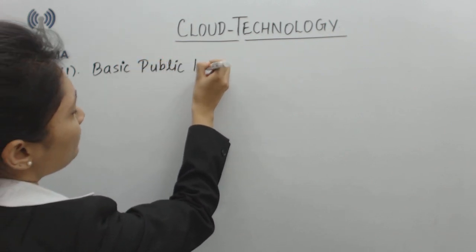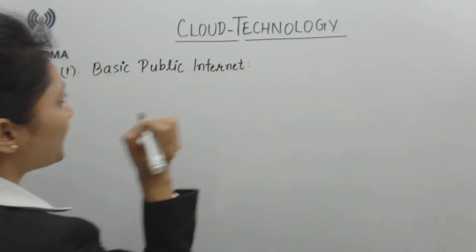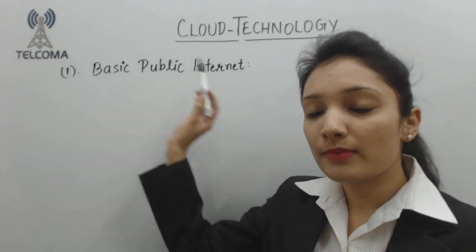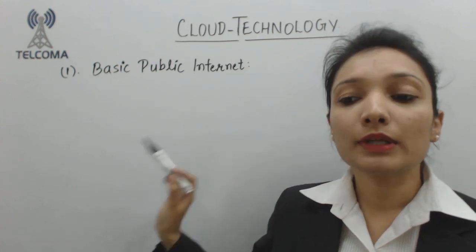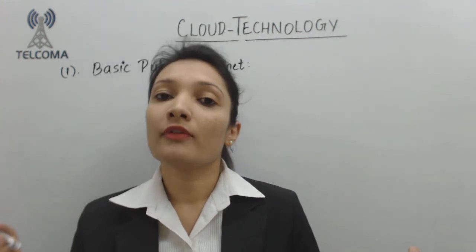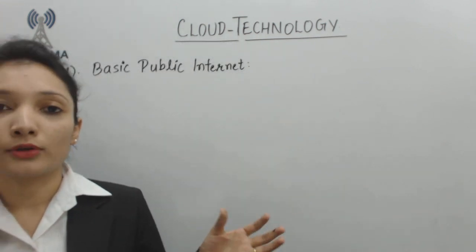This is the public internet which we use mostly in our daily life. This is the most basic choice for cloud connectivity. We buy such access from the ISP, that is, our internet service provider, and connect via broadband or dial-up based on your location.